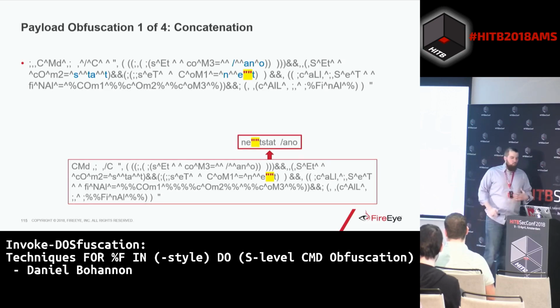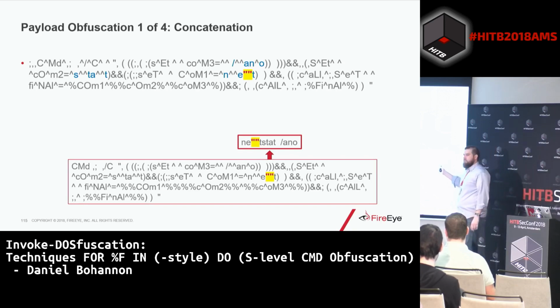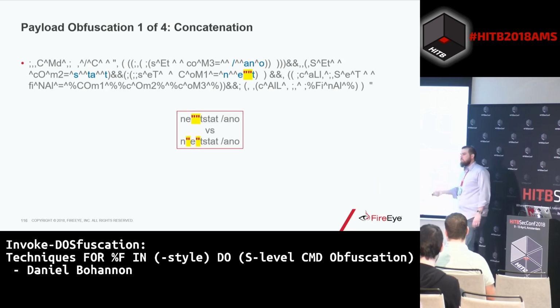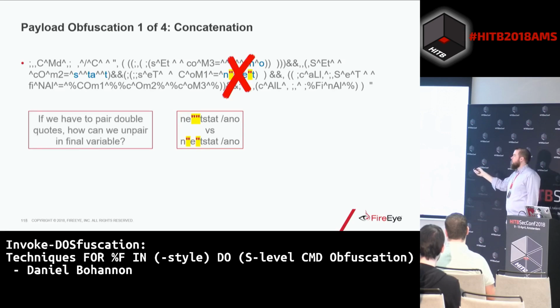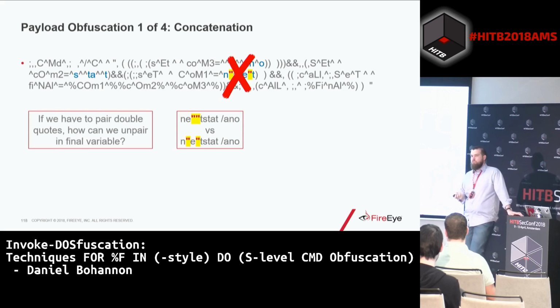Now, one case that was really, really frustrating for me is this is fine if we have these double quotes that are adjacent, but what if we want non-adjacent double quotes? There's a huge difference here when you're using concatenation, because if we try to just change the paired double quotes to non-adjacent double quotes, this will actually fail. And it fails because there's no way on the command prompt to actually escape double quotes.